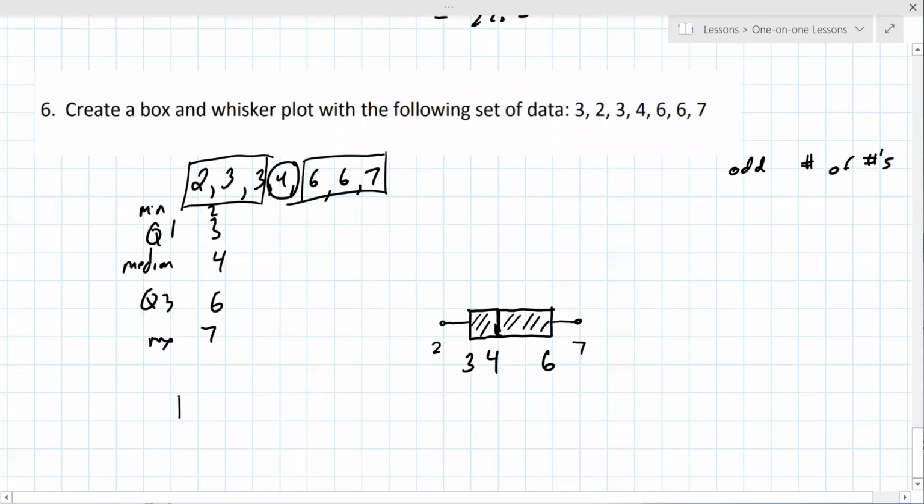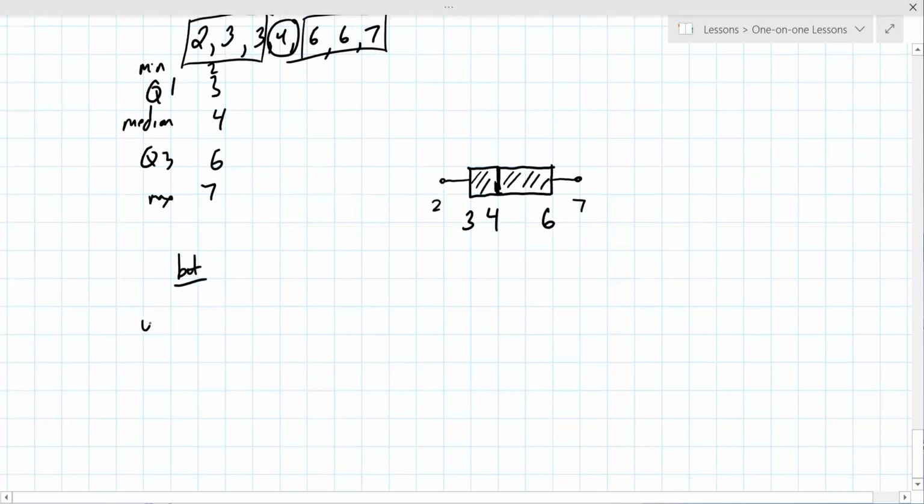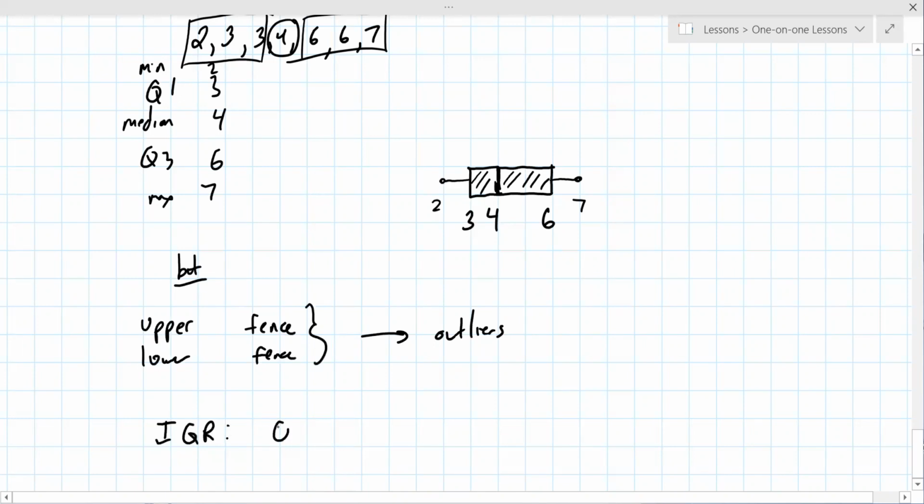Okay. But there are also two things you have to find: the upper fence and the lower fence. These are used to determine if you have any outliers in your data. You might have seen this in your formula sheet. You first have to find the interquartile range, which is Q3 minus Q1. That's 6 minus 3, which equals 3.